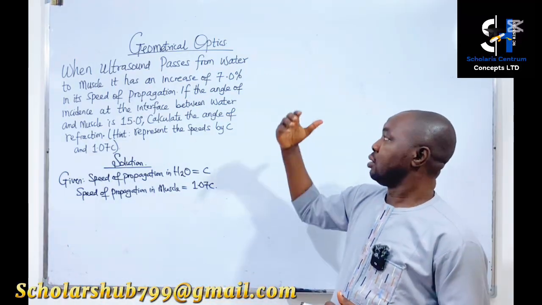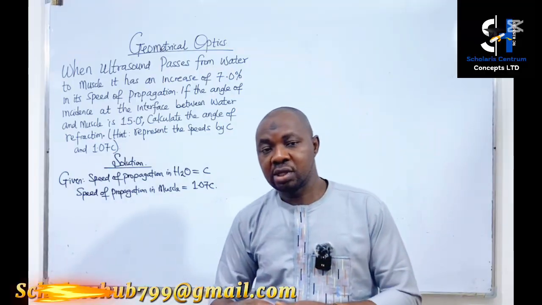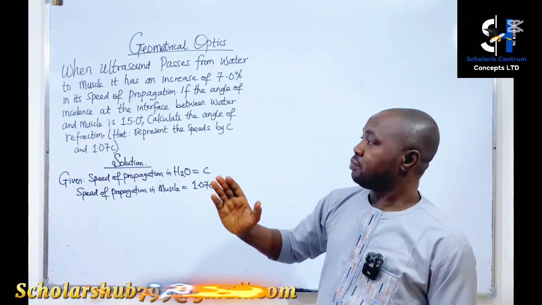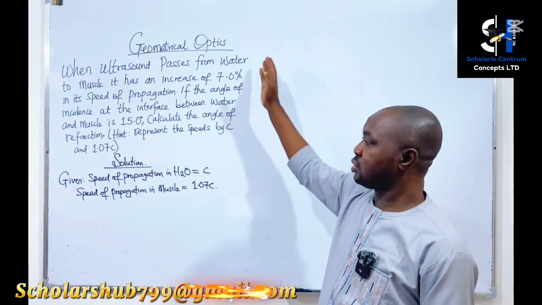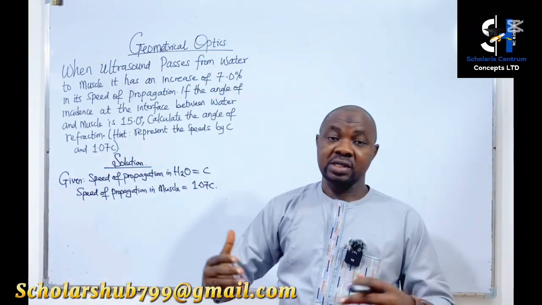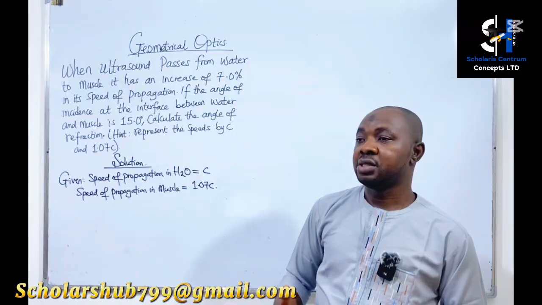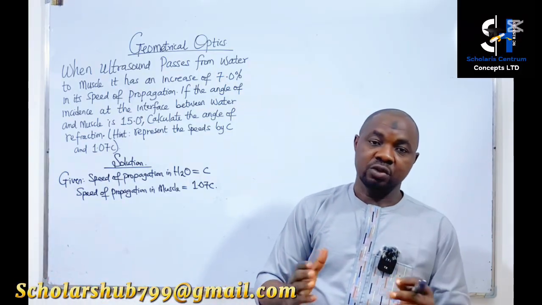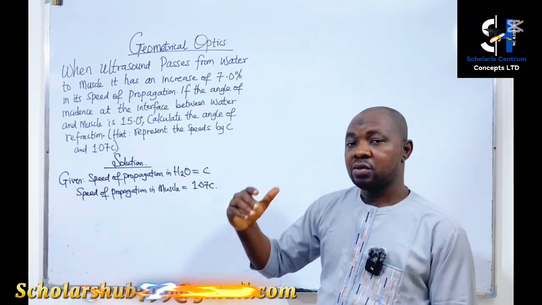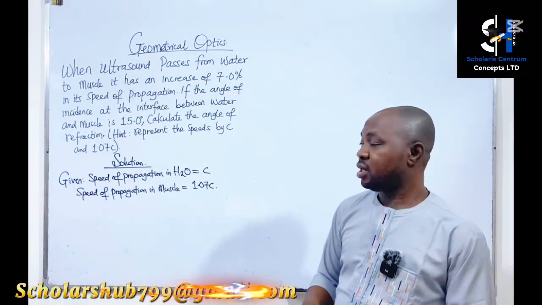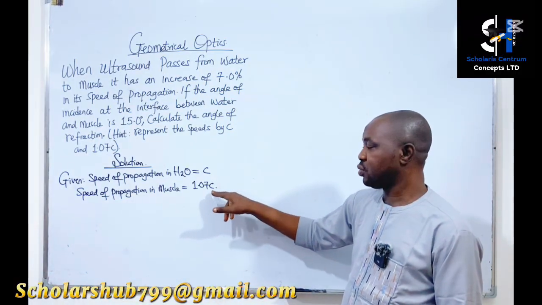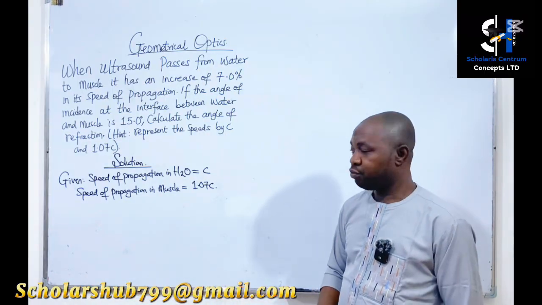So if we take the speed of propagation in water to be 100%, then as the ultrasound passes from water to muscle, its speed of propagation is increased by 7%. So we add 7% to 100%, multiplied by the speed of propagation. And we know that 107% is the same thing as 107 over 100, and that's what we have here as 1.07 times the speed of propagation.